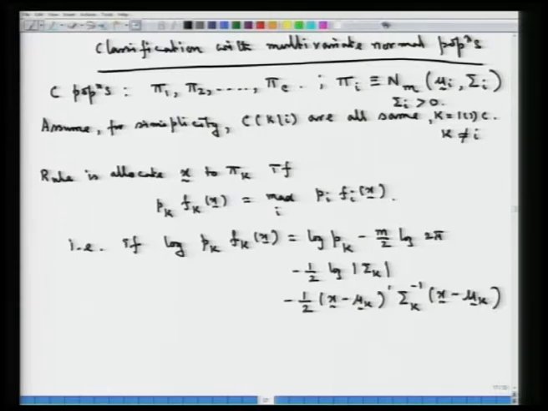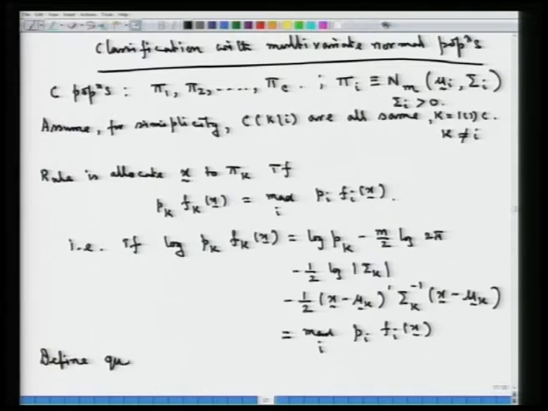That is our log of p_k f_k, and this is equal to the maximum over i of the respective p_i f_i(x) quantities. Now let us define the quadratic discriminant function as follows.